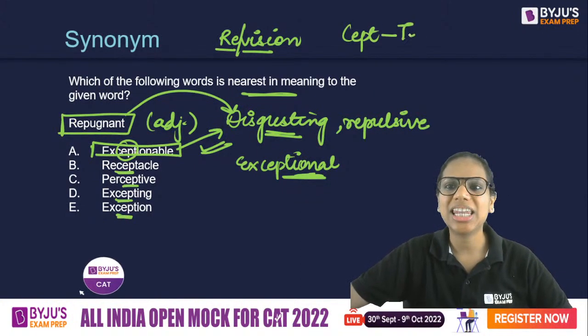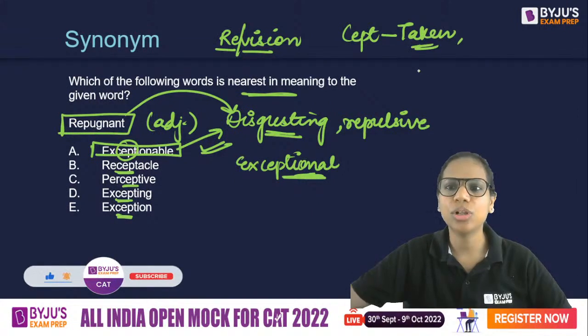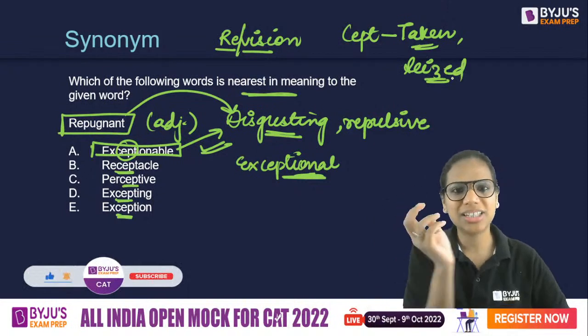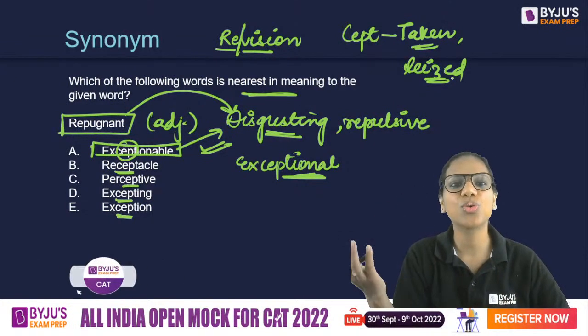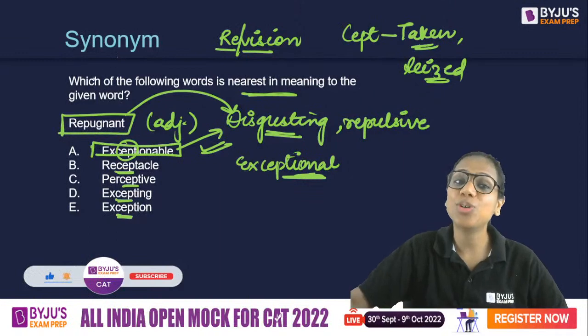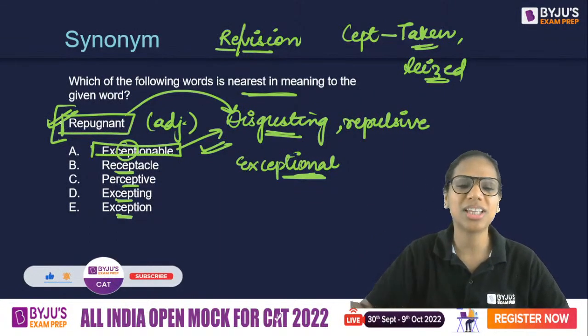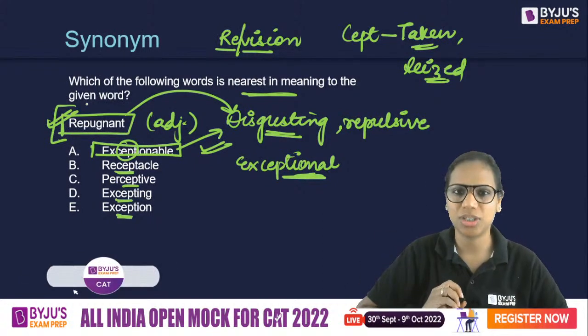Sept means taken. Also in some context, seized. So something that is so bad that it is taken out from the rest. Something that is so good that it is taken out from the rest. I will also tell you the etymology of this word in another question. I have a whole question that talks about the etymology of this word.